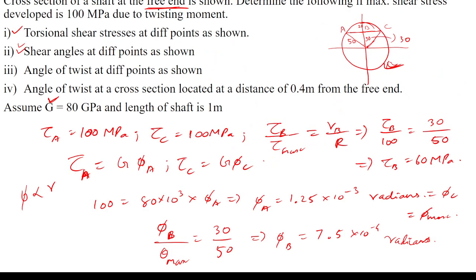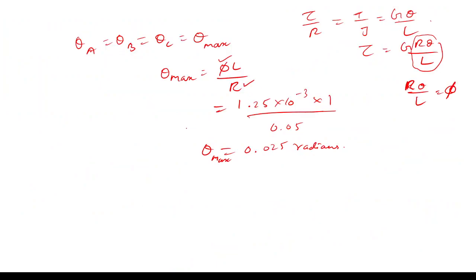So angle of twist at a cross section located at a distance of 0.4 from the free end. Okay. So we have already seen theta is directly proportional to the length of the shaft. So they want 0.4 meter from the free end, which means how many meters from the fixed end? 0.6, right? Yes, sir. So theta is directly proportional to L, where L is the length of the cross section from the fixed end.